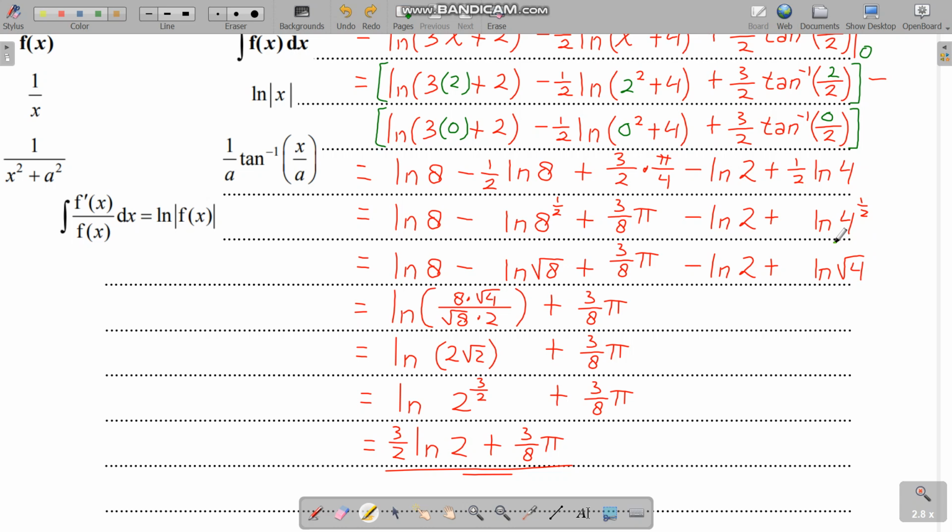And now we combine the ln's. Addition becomes multiplication and subtraction becomes division if we combine the ln. In other words, just put the plus in the numerator and the minus in the denominator.